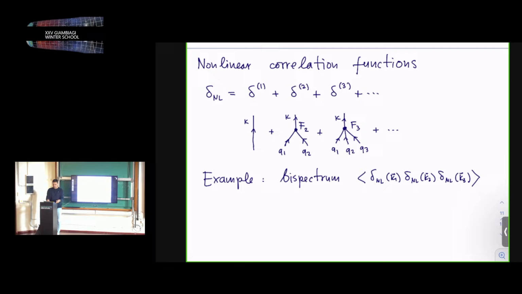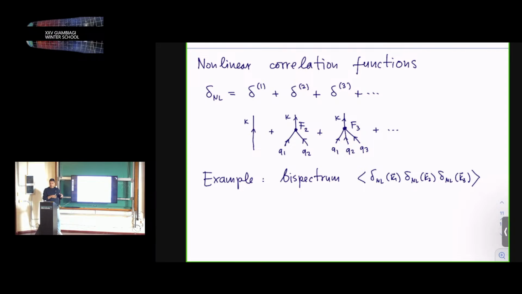Okay, so I think that this is what I wanted to say about the properties of these kernels. And now I want to show you, finally, what we did so far: I wrote down how this perturbative solution looks once you solve these perturbation theory equations.